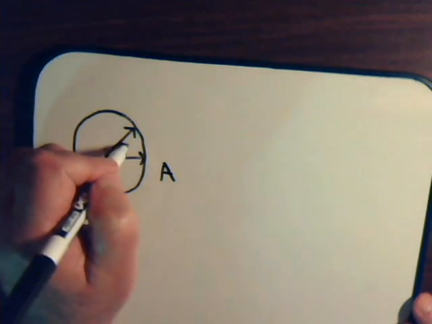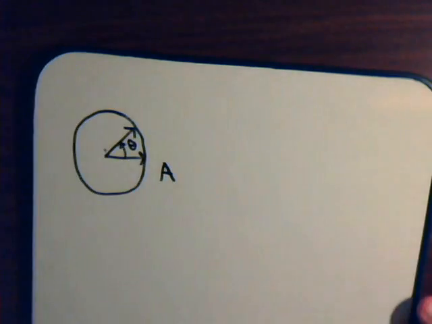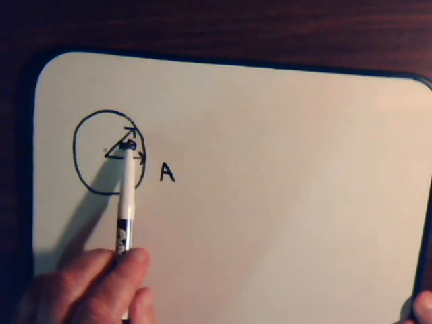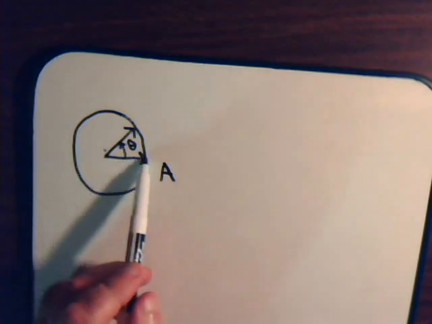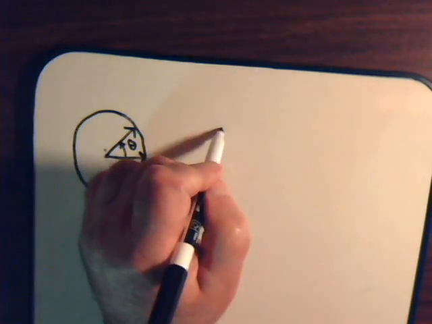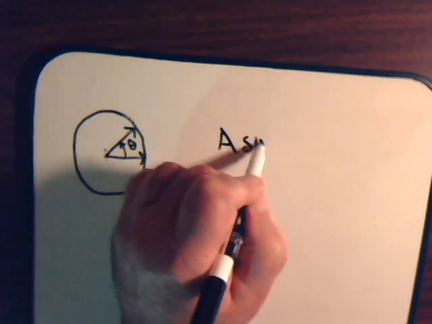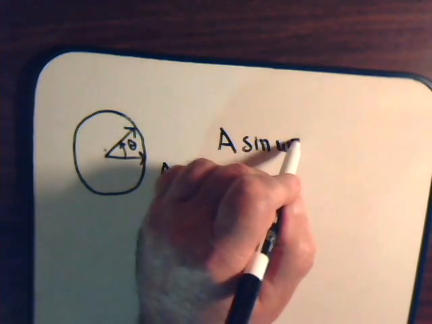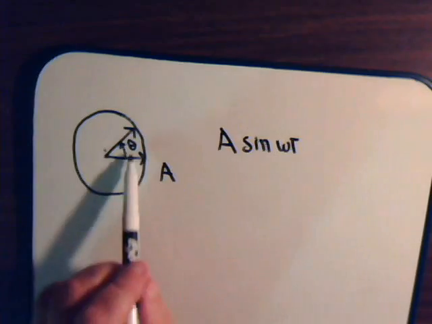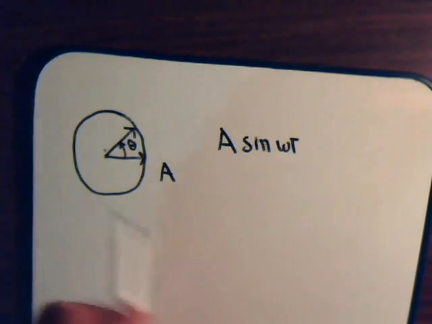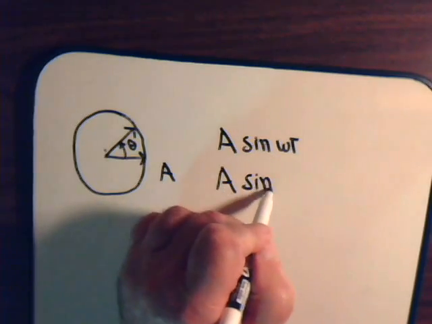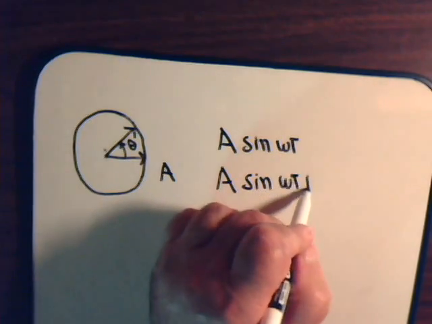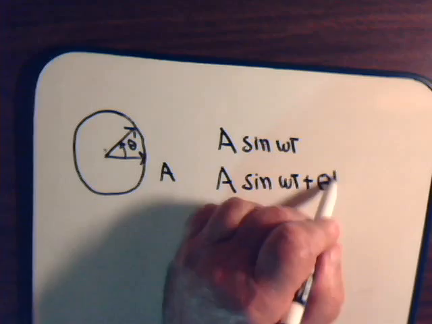This one starts with a phase angle of, we'll just call it theta. So this would be A times the sine of omega t. But for this vector, where at time t equals 0, it's already pointing up here, that would be A times the sine of omega t plus theta.